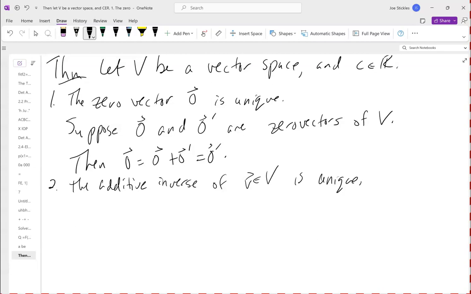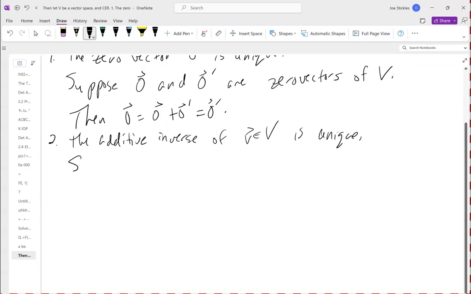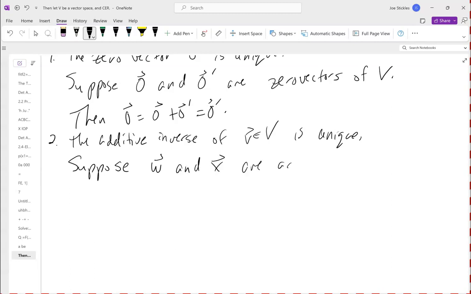So let's suppose that W and X are additive inverses of the vector V. Let's say we have 2 additive inverses. Again, what does it mean to be an additive inverse?